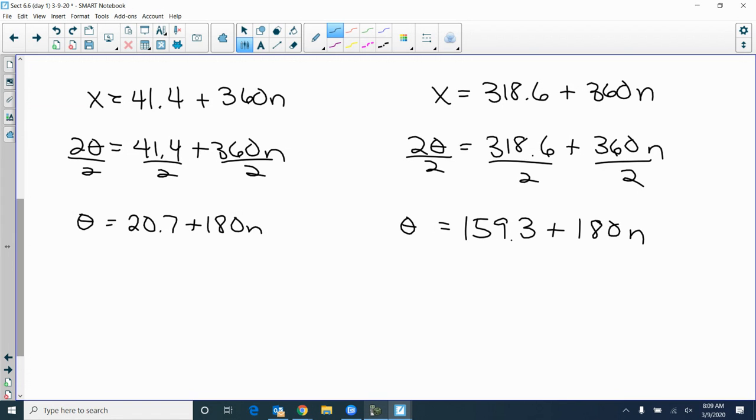So you start with n equals 0, and that means that theta would just be 20.7. And then over here, theta equals 159.3. Go to n equals 1. Figure out what you get there.